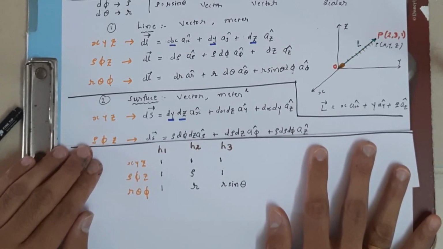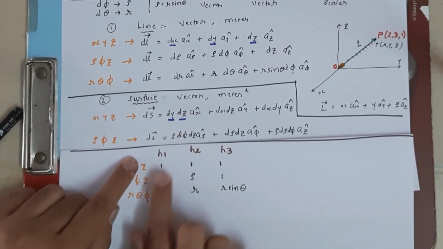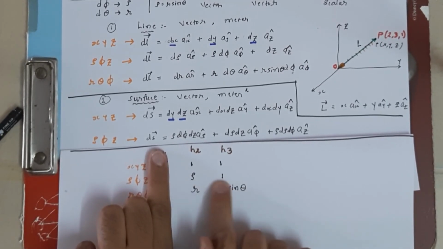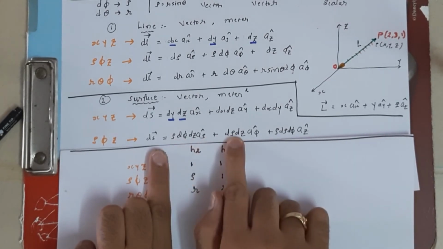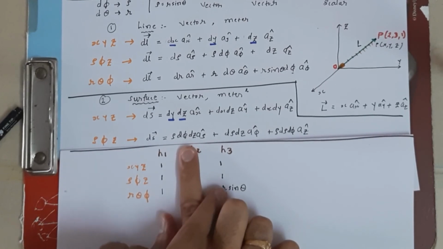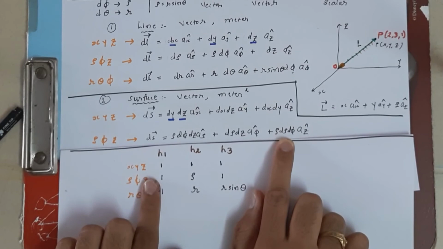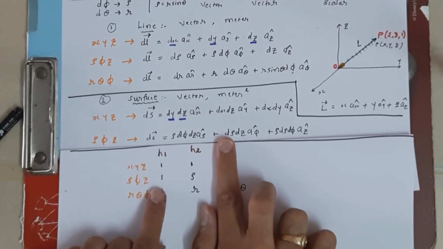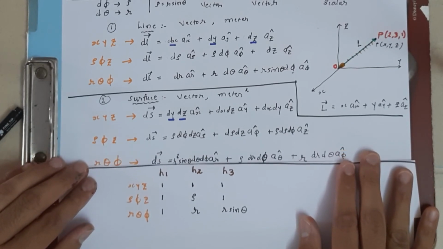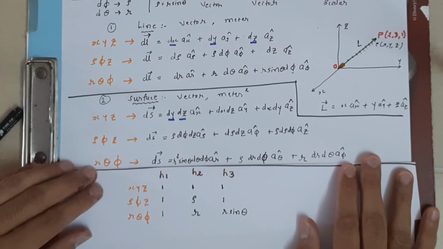Now the equation for the differential surface in the cylindrical coordinate system. For the first term, I hide the first column, rho into 1, so this is rho. For the second term, I hide the second column, 1 into 1, so it is 1. For the third term, I hide h3, so 1 into rho, so this is rho. Next, the differential surface equation for the spherical coordinate system.